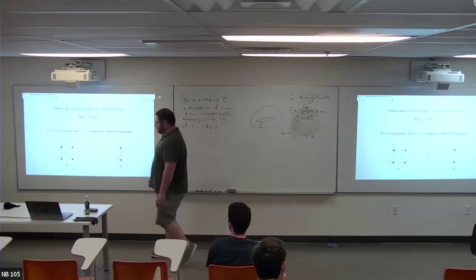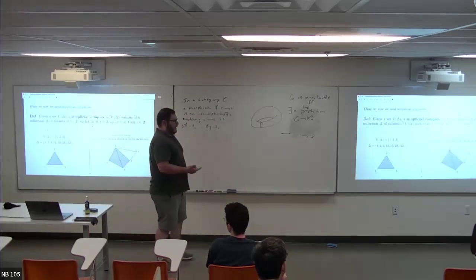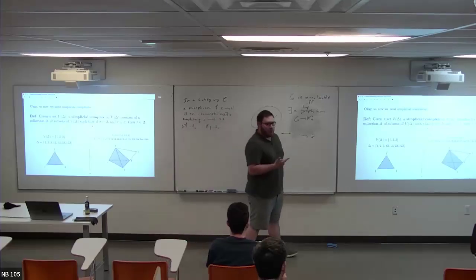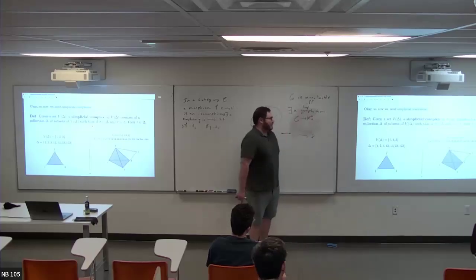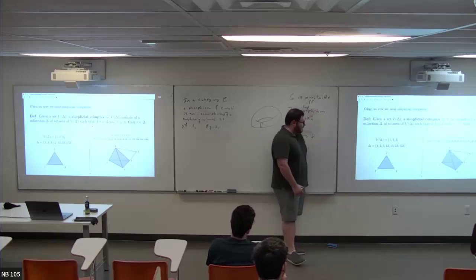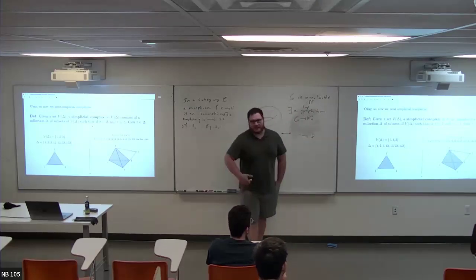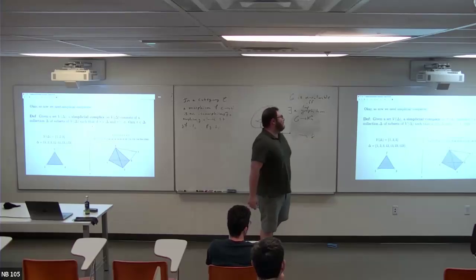Okay, so that's loop graphs, reflexive graphs. I need one more object to talk about. Combinatorialists think about these simplicial complexes. So a simplicial complex is kind of like a graph, but now I'm allowed to have higher dimensional data.